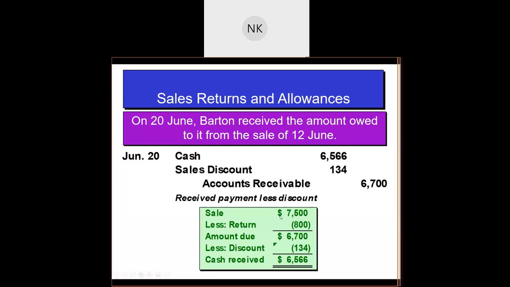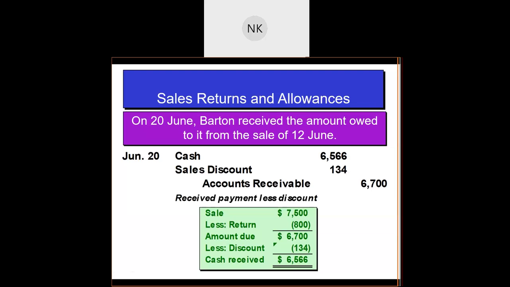Your discount should be 2% of 6,700, not 2% of 7,500, because when they pay in June, they already returned the 800. It has to be not included. So that means the discount is only 134. And after you minus the discount, the cash that the customer will have to pay is only 6,566. So the cash is debited 6,566, and accounts receivable, which is the remaining after you minus the return, is 6,700, and the discount is 134.